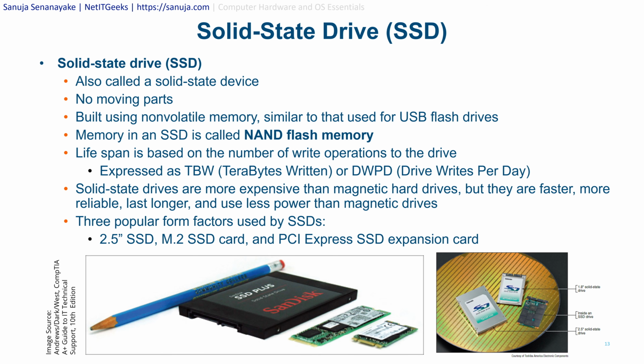They are built using non-volatile memory, similar to that used for USB flash drives. It is not exactly the same as USB flash drive memory, but it is very closely related, because solid state drives use non-volatile memory. Remember, volatile memory is the memory that we use in RAM, which we discussed in my previous lecture.